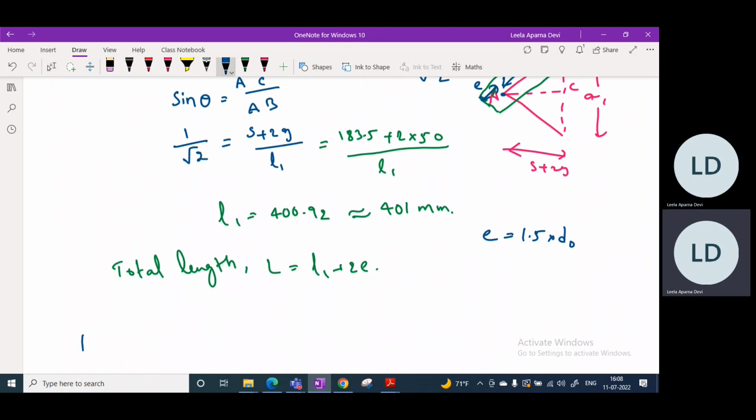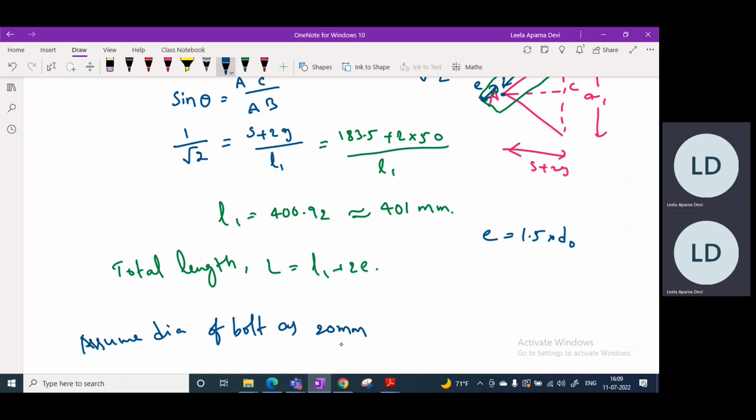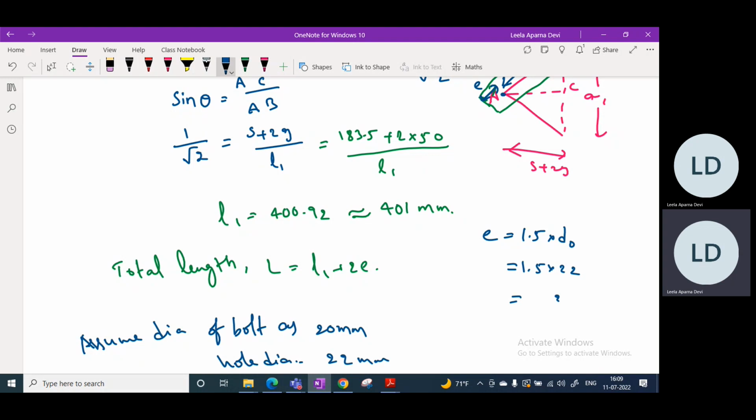So assume the diameter of bolt as 20 mm. Now hole diameter is 20 plus 2, 22 mm. So d naught will be 22 and 1.5 multiplied by 22 is 33 mm. So if you calculate 401 plus 33, the total is 467 mm.